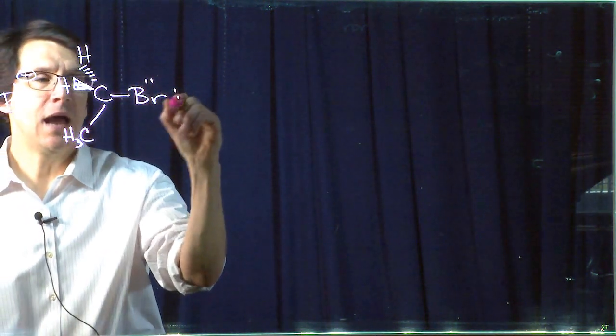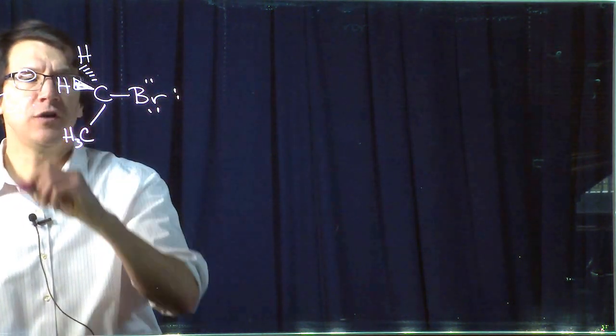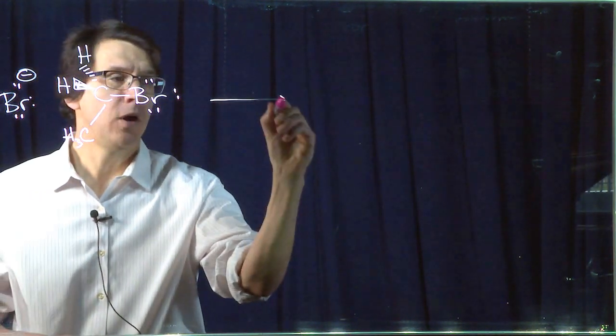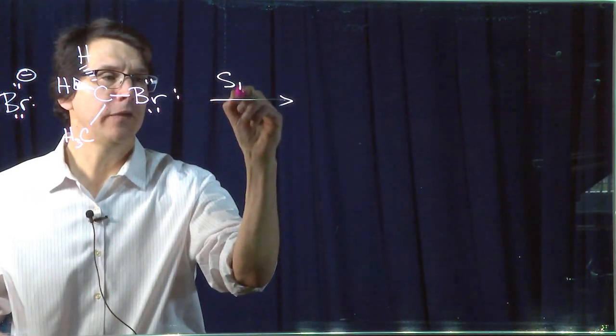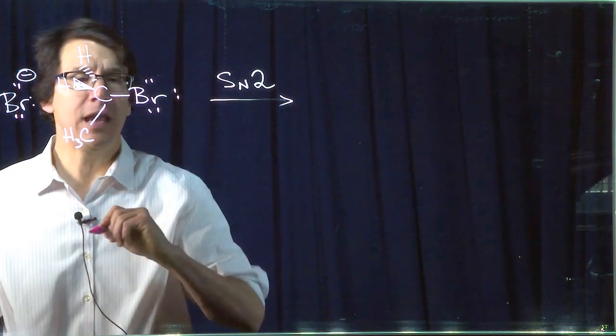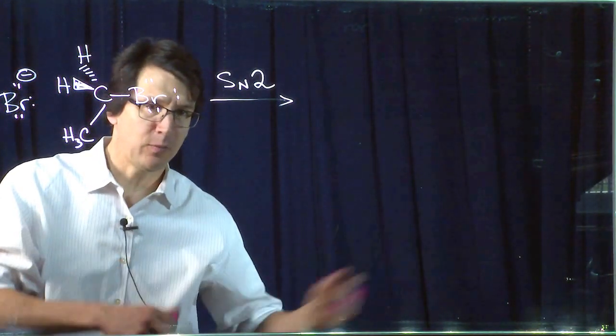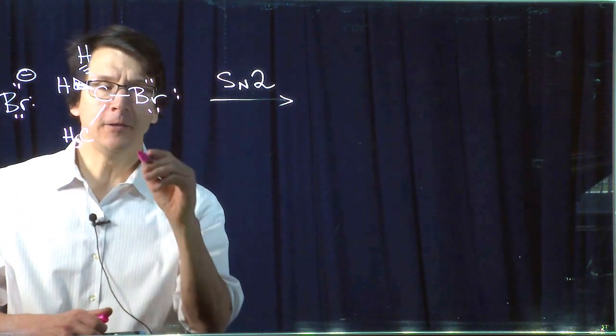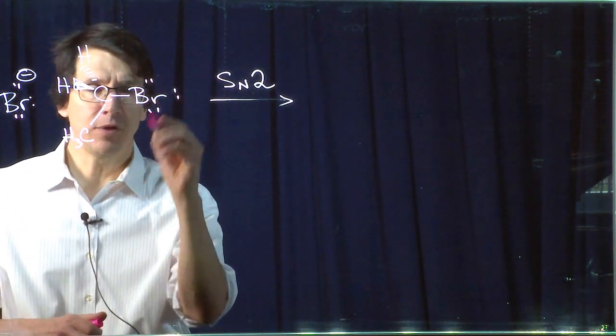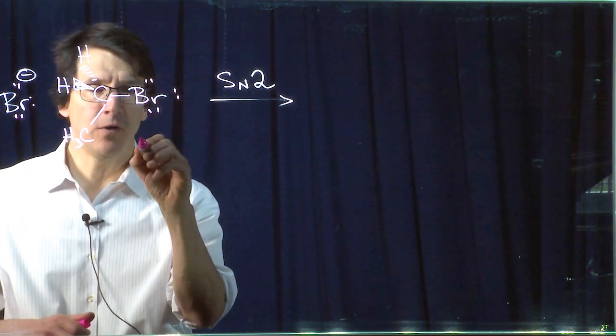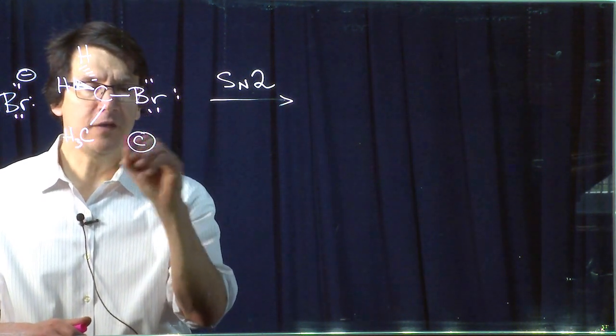Alkyl halide, nucleophile. I want you to carry out the SN2 reaction, again respecting the backside displacement of the leaving group by the nucleophile. We used the letters A and B before, so let's call this compound C.